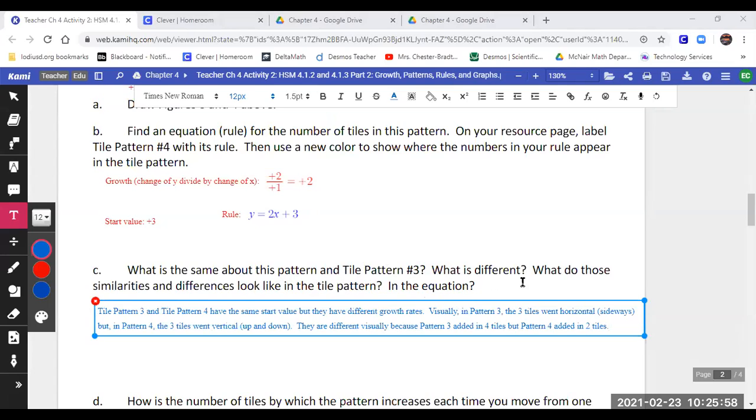Then it asked, what did it look like? So you had to explain visually what was happening. They were different because pattern 3 added in 4 tiles and pattern 4 added in 2 tiles. Now they want us to look at what's the same and different about their equations, their rules.